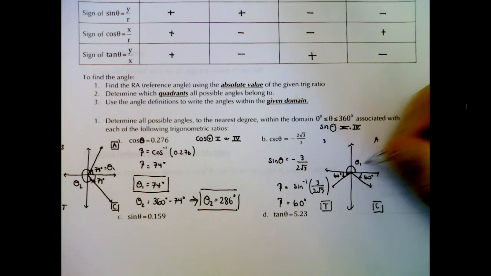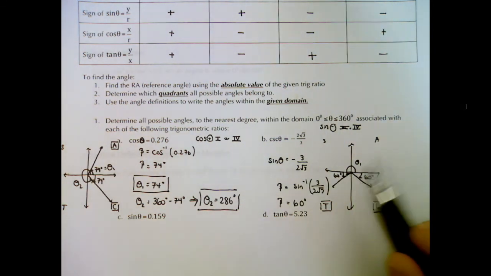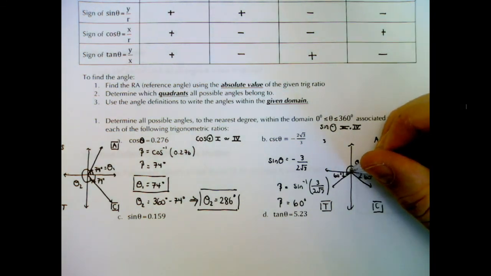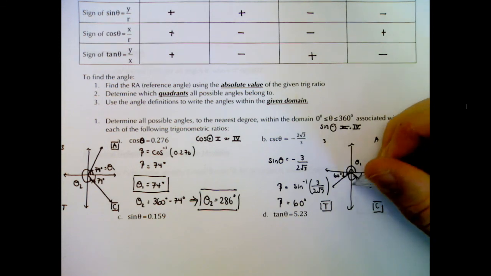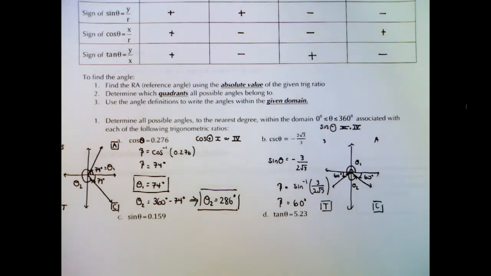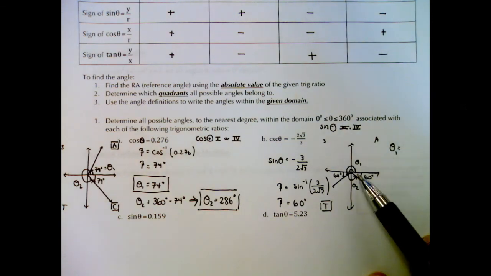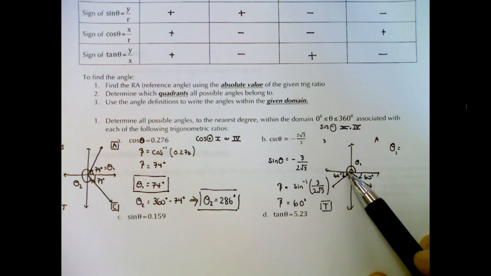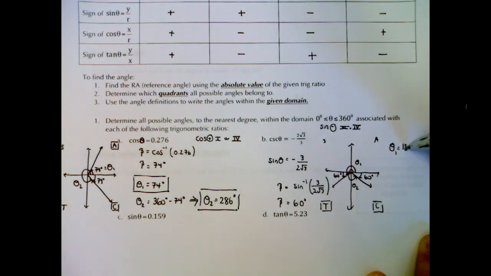So our first theta is in quadrant 3, and our second would be in quadrant 4. So let's do a little bit of math. To find our first answer, we're going 180 degrees plus 60 more. So 180 plus 60 is 240.